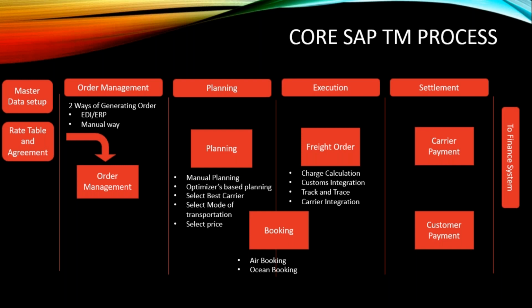DHL will plan it in a complete holistic manner, whether it is international or domestic transportation. In this case, movement from Delhi to Mumbai is domestic transportation. If it is international, multiple legs will definitely be involved. We'll talk about that.